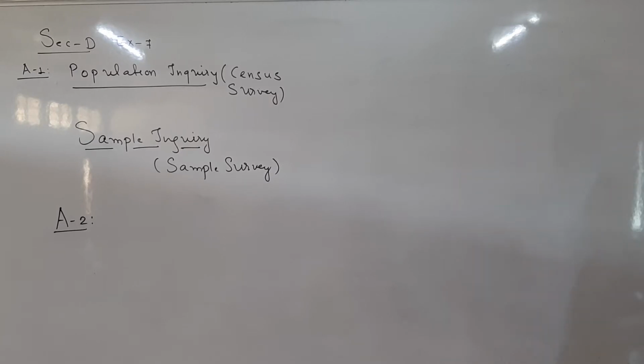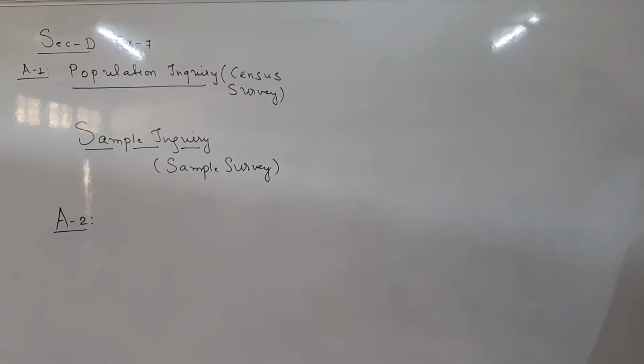In sample inquiry, the chance to make errors is less as we inquire a smaller number of units. Population inquiry is not possible when the units are to be studied by destruction. Sample inquiry is possible when the units are to be studied by destruction.